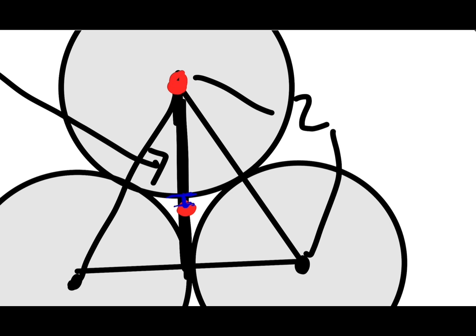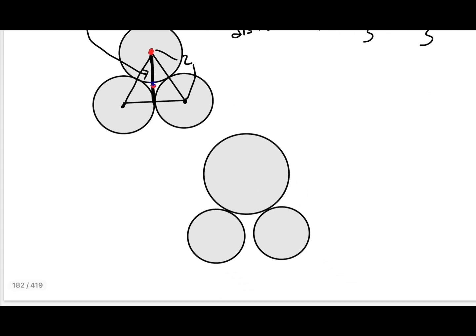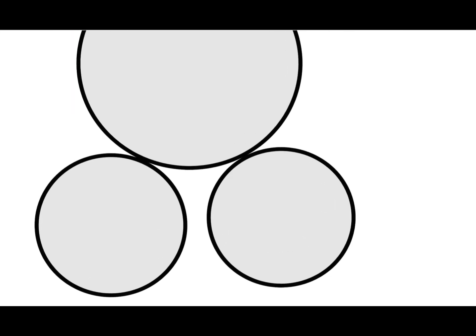So this little part is what matters to us, and so that would essentially be the distance between, if there's a line here, then that will be this distance, right?